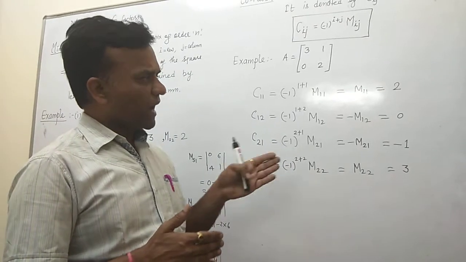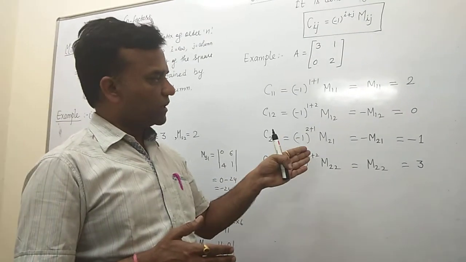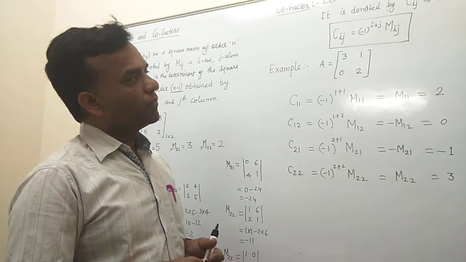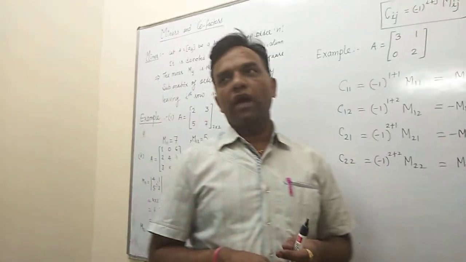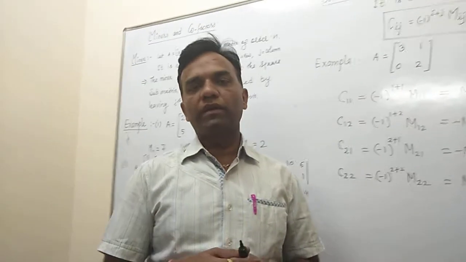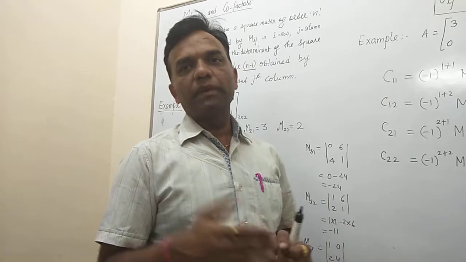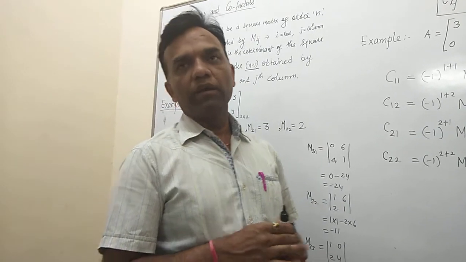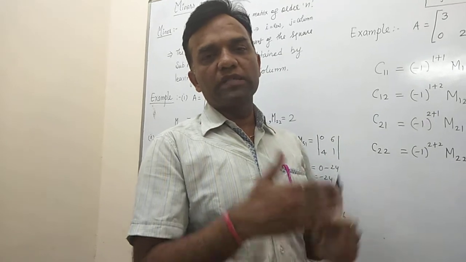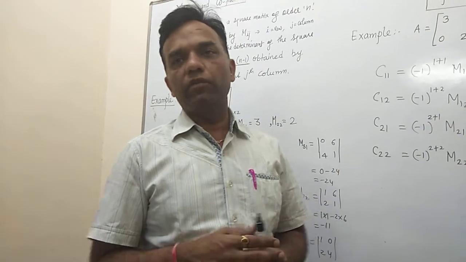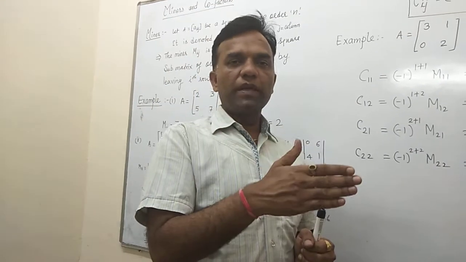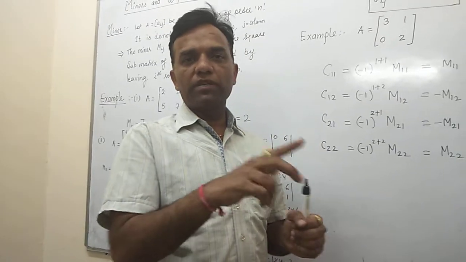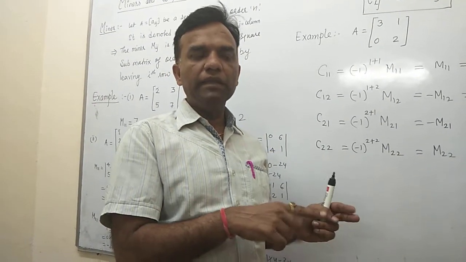So you may write down directly without this particular formula, because when we solve the determinant, I also explained that it is very important how you put the minus sign and plus sign. Place value is important because the first value we take positive, the second value we take negative, and the third value again positive. Because the place value is 1 1, and 1 plus 1 is even, you put a plus sign.